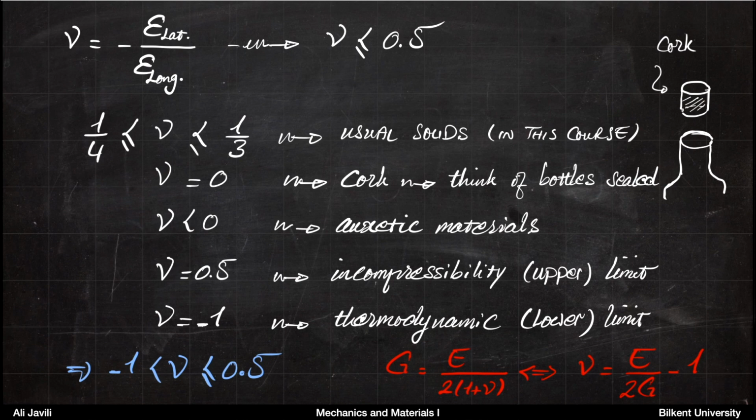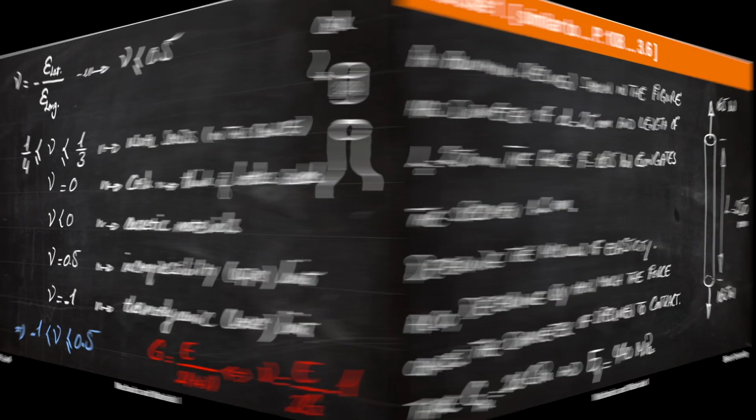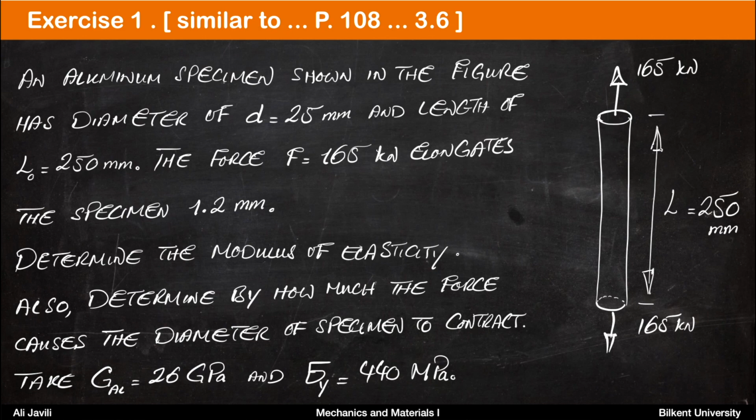So we are going to learn a little bit more about material parameters and mechanical properties of materials through a few examples together. Exercise 1 is similar to problem 3.6 on page 108 of the book.